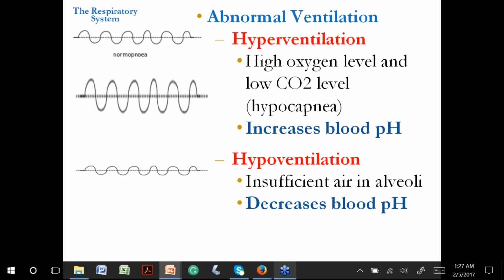Your pH is going to be alkaline, so that means your pH is going to be high. Okay? All right, so just remember, if you don't breathe, your blood becomes acid. If you breathe too much too fast, your blood becomes alkaline. And that is because of the levels of carbon dioxide.